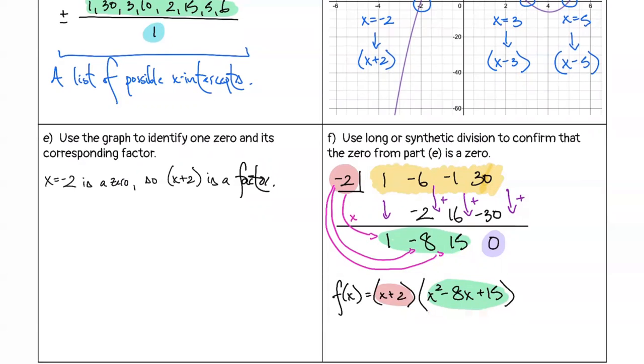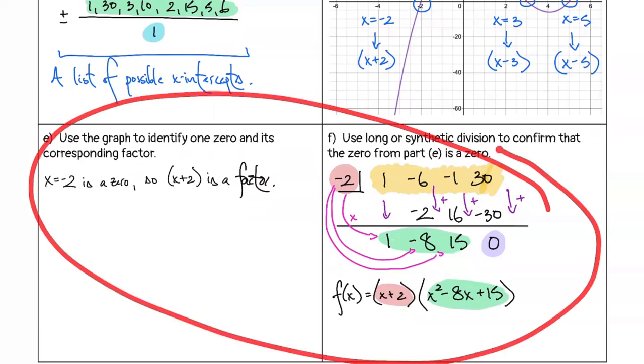Now, for some of us who are feeling very confident in our factoring, I bet we could factor x squared minus 8x plus 15, right? But for the purpose of this problem, I want us to go through this idea again. Let's use the graph to find a 0, write the factor, and practice that synthetic division, okay?